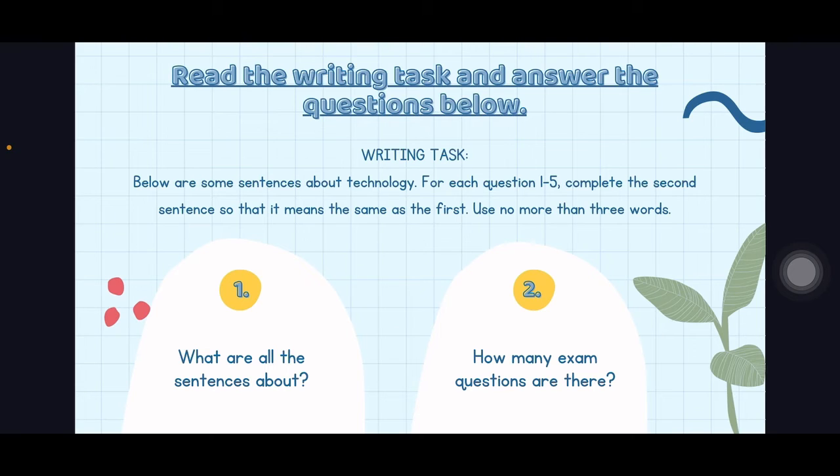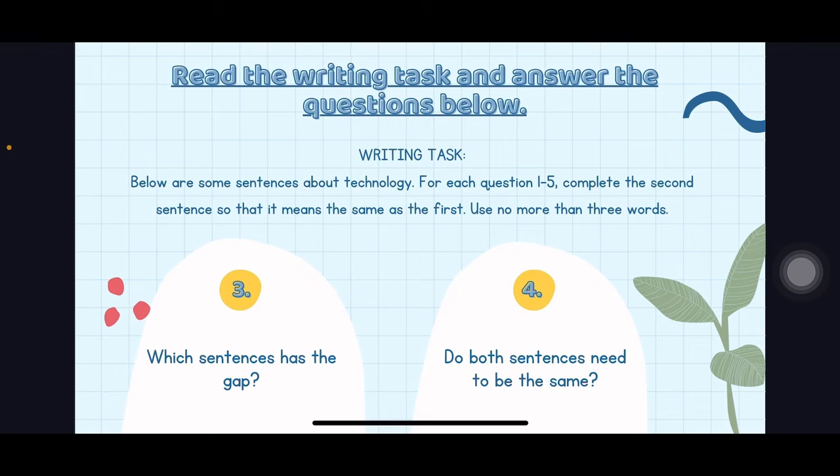So the first question is asking, what are all the sentences about? For question number 2, how many exam questions are there? For question number 3, which sentence has the gap? For question number 4, do both sentences need to be the same?